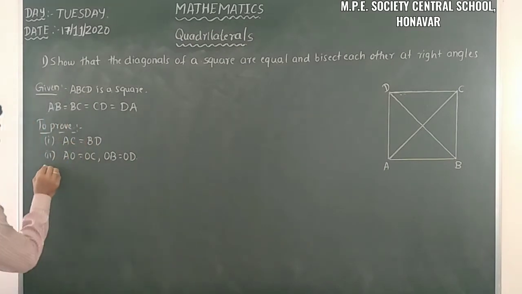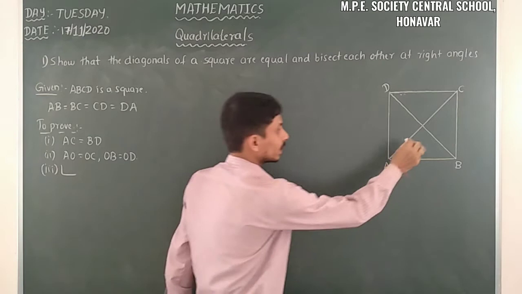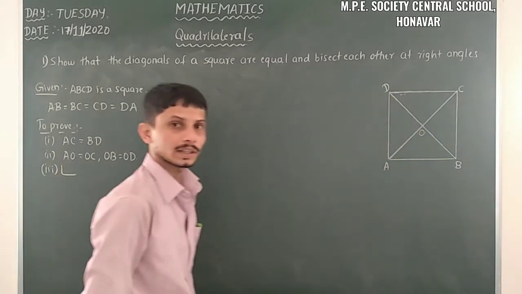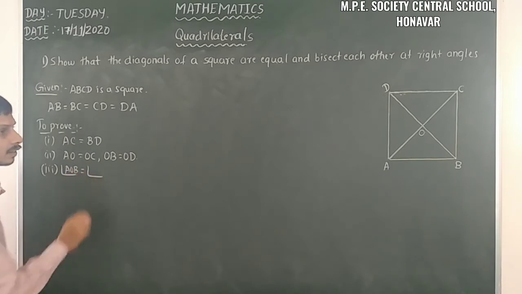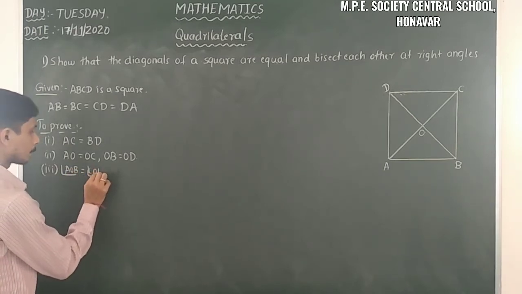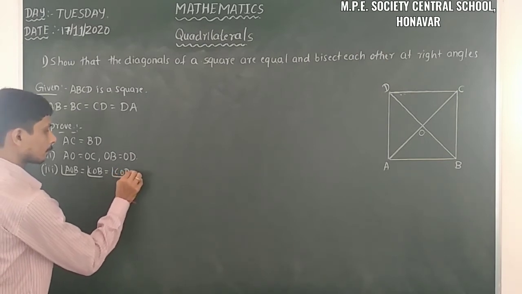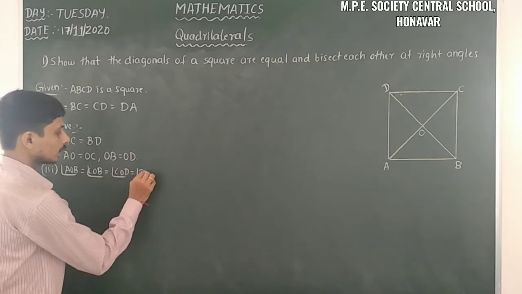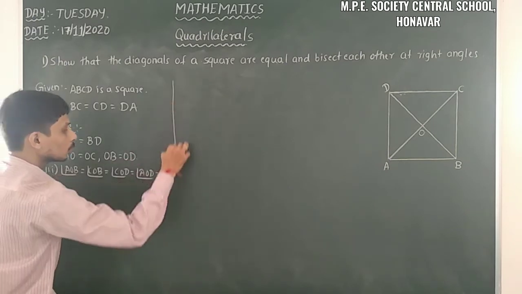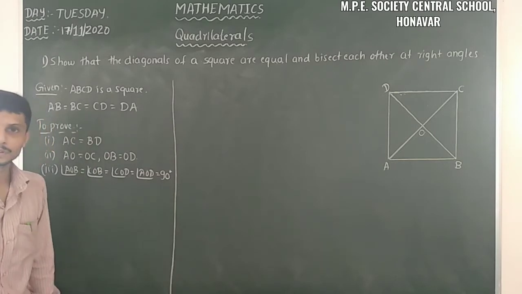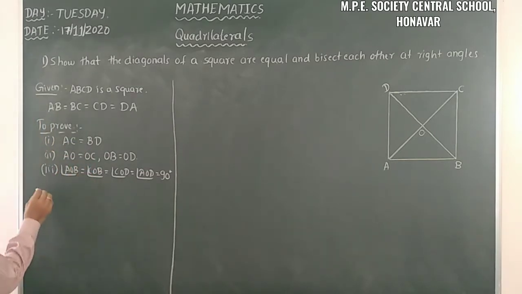Here I take the intersecting point as O. Third, angle AOB is equal to angle COB is equal to angle COD is equal to angle AOD is equal to 90 degrees. So we have to prove these things. Let us take the proof.